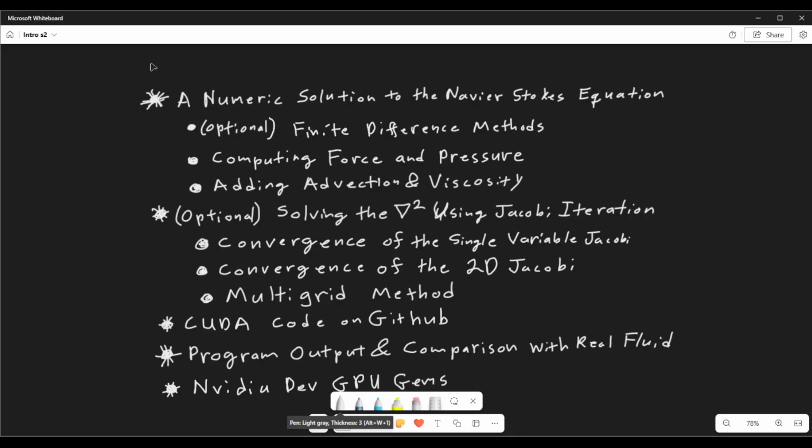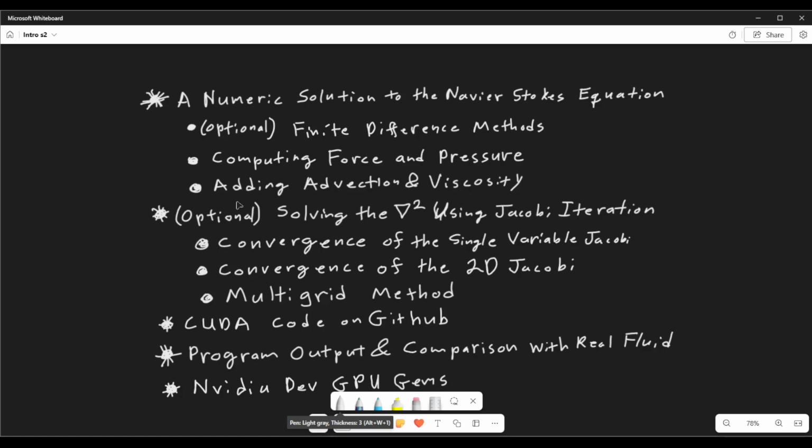But after that, the next thing to do is to convert the Navier Stokes equation into a format that can be solved numerically. So I have a short optional section on finite difference methods, which is basically how to differentiate on a grid. And then I'll go into computing the force and the pressure, then adding the advection and viscosity.